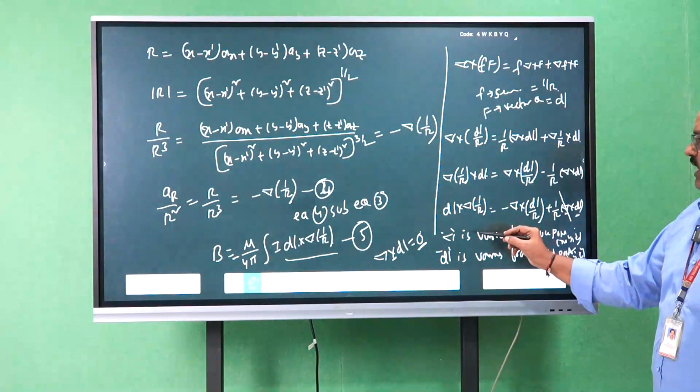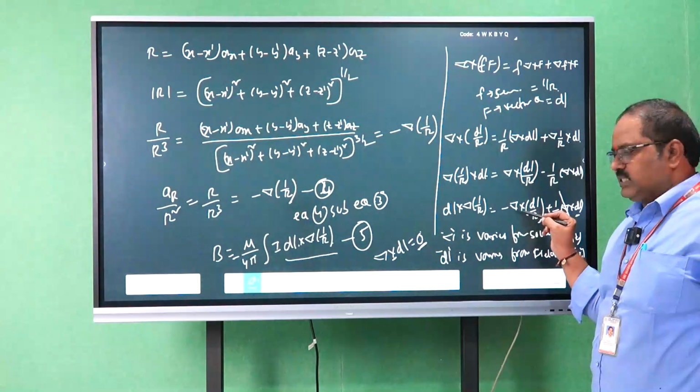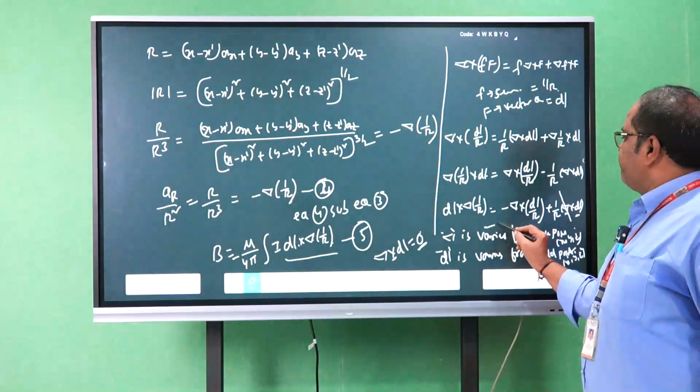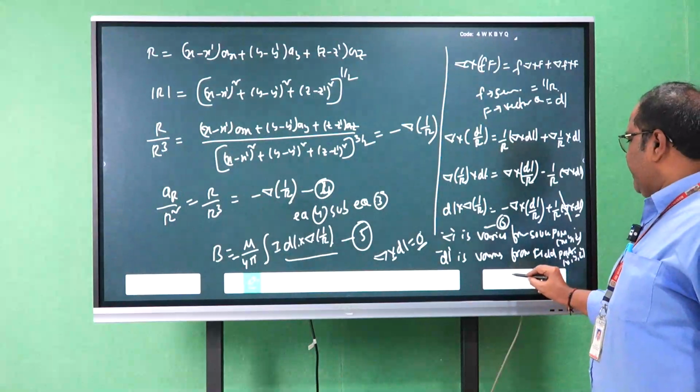Therefore, what is this one? dl cross del(1/r) is equal to minus del cross (dl by r). This is equation number 6. Substitute equation number 6 into equation number 5. What is 5?